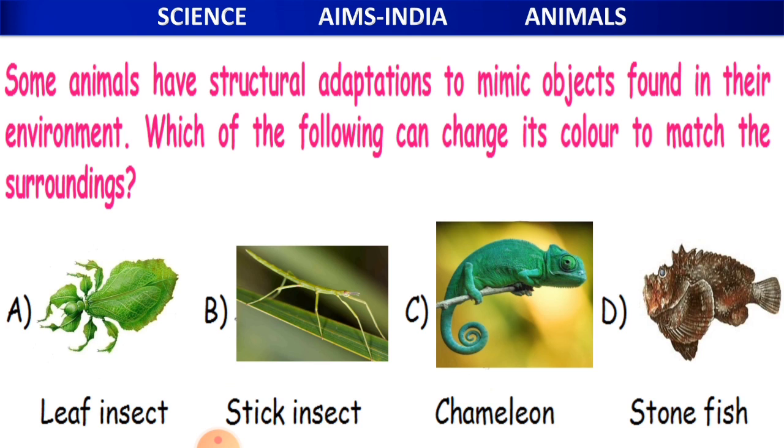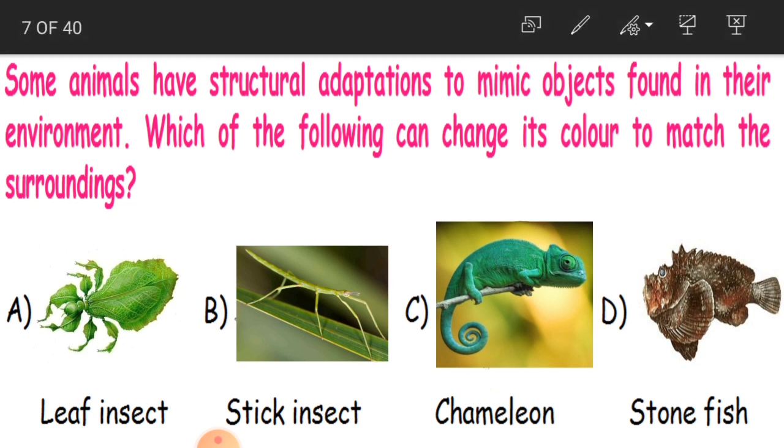See children, here you have again four animals. Some animals have structural adaptations to mimic objects found in their environment. Which of the following can change its color to match the surroundings? Structural adaptations in the sense they have their body adapted to mimic objects.